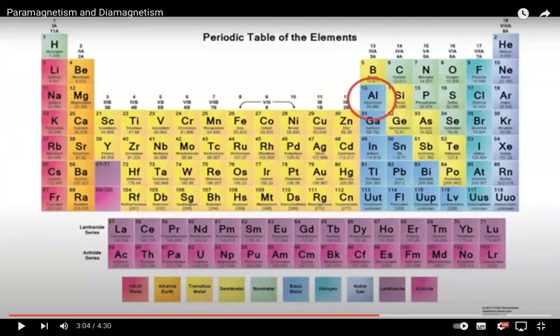If you look at aluminum, it has an atomic number of 13. Can you tell me the number of electrons in each shell? I'm asking you a question. Can you tell me how that 13 is getting split up? How many electrons are there for each shell? So 2, 8, and 3. Yes, 2, 8, and 3. So in the last orbit, 3, you have paired electrons and unpaired electrons.